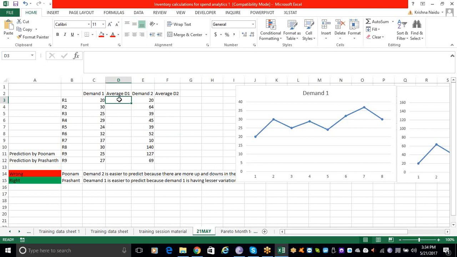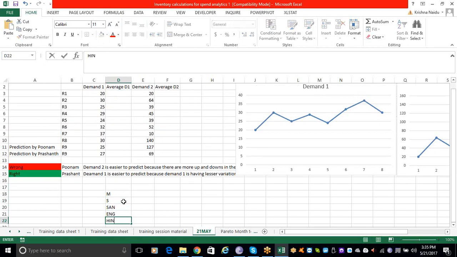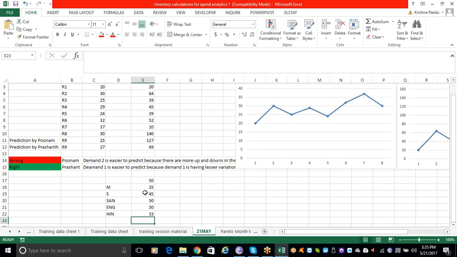Okay, five subjects: mathematics, science, Sanskrit, English and Hindi. In mathematics, the maximum number a person can score is 50. Out of 50, mathematics 35, Sanskrit 45, science 50, English 50, Hindi 33.